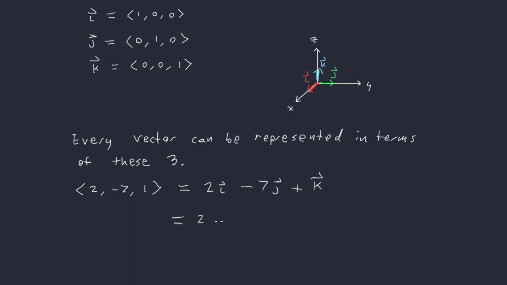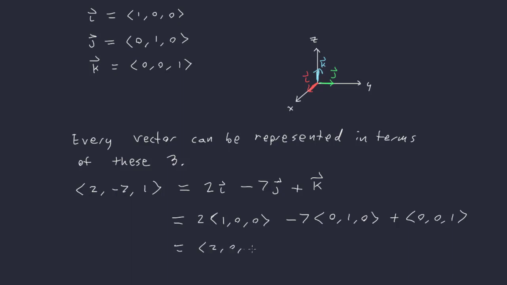2i, well, that's going to be a scalar multiplication, so 2 times i, which is 1, 0, 0. And we have minus 7 times j, which is 0, 1, 0. And we'll have plus k, and that's just 0, 0, 1. Now we'll do our scalar multiplications. A couple ways we could do this. I'm going to do it like this.